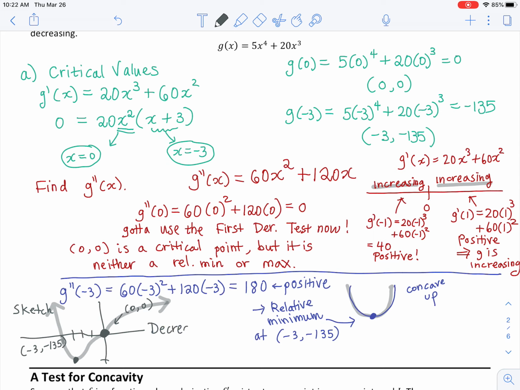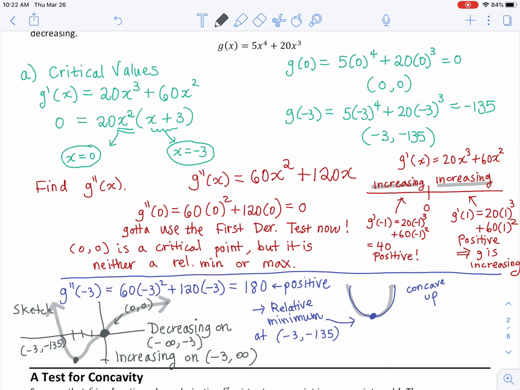So we're going to have decreasing on -infinity to -3 and increasing on -3 to +infinity. You know what, guys?